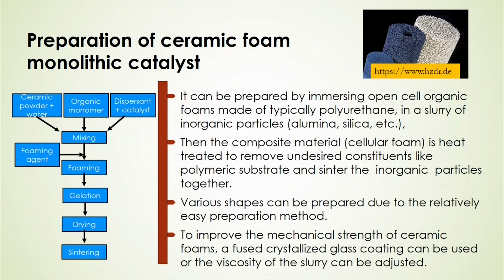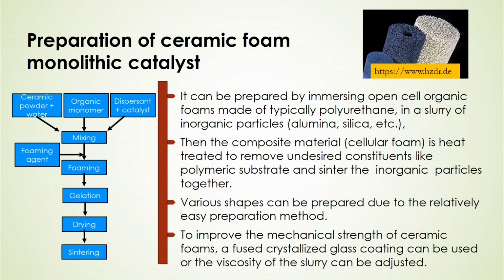After that you mix it well, and then add some foaming agent. At a certain temperature the foaming will form, and then you make it gel. After gelation you dry it, and then finally you sinter it to get the foam type monolithic structure.